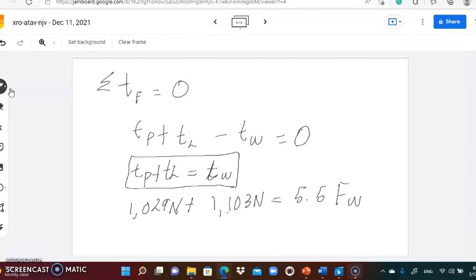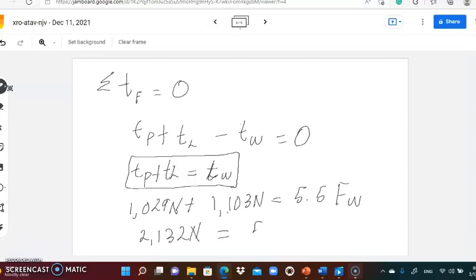Now, if I add these two forces, that's 1029 plus 1103, which is going to give me 2132 newtons.